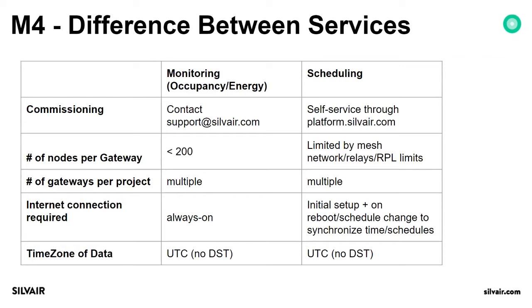The limitation for such monitoring is less than 200 nodes per gateway. You can use multiple gateways per project. Actually, this is also recommended in installations where nodes are not in a grid layout.